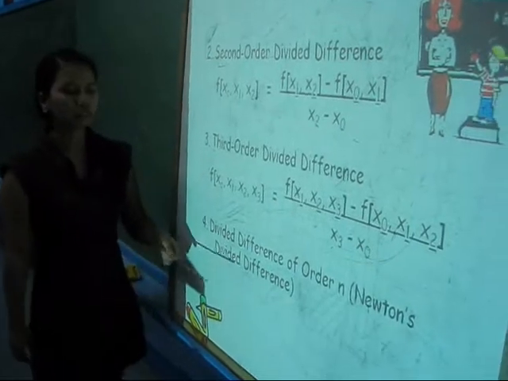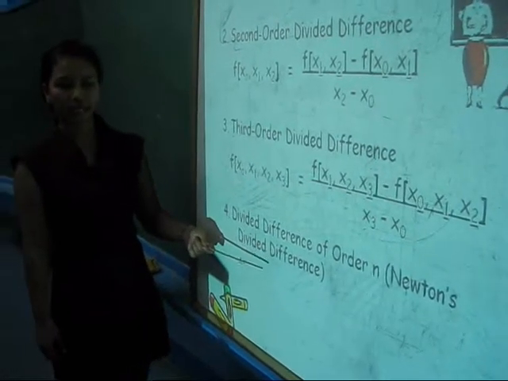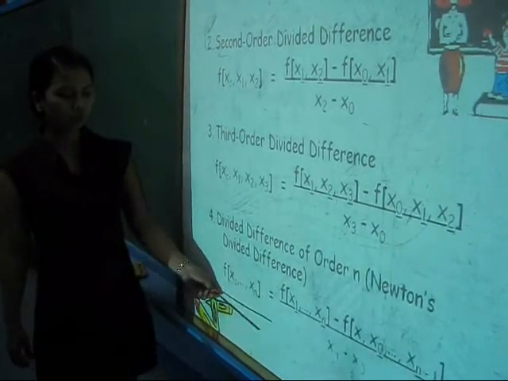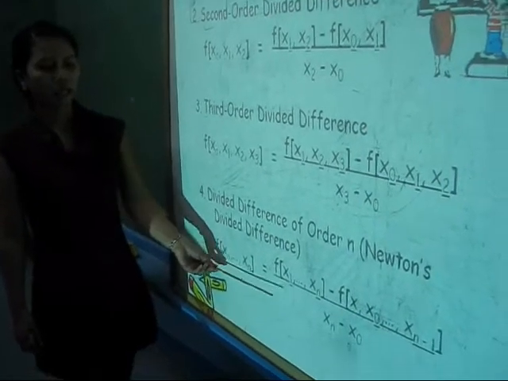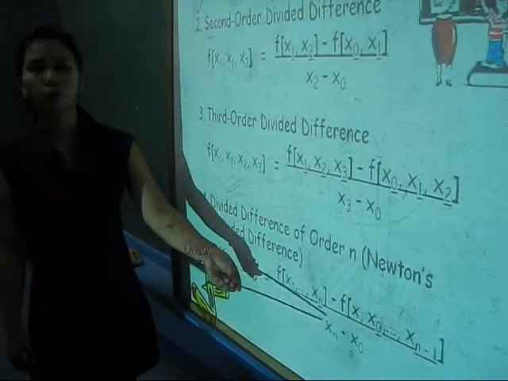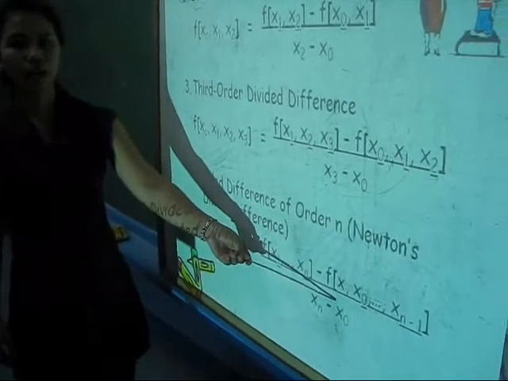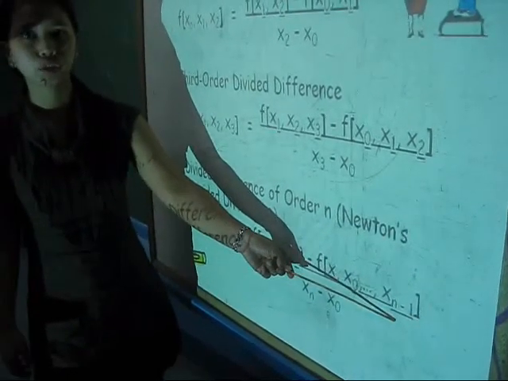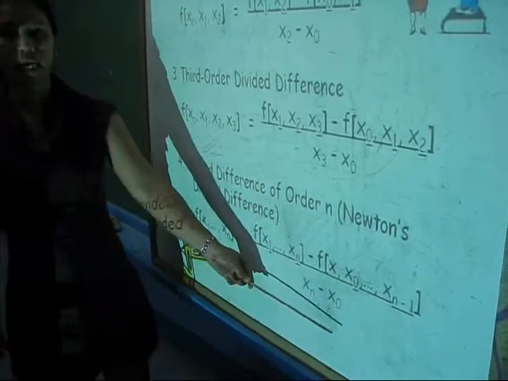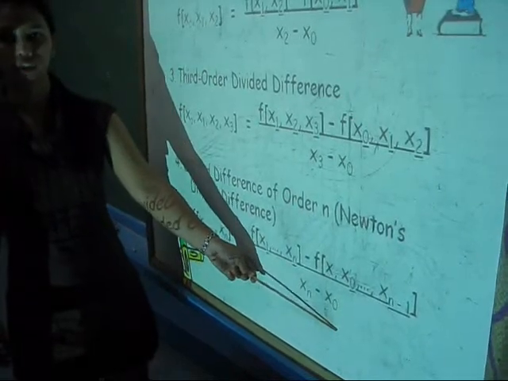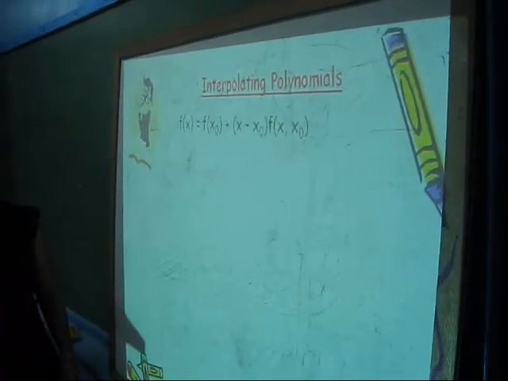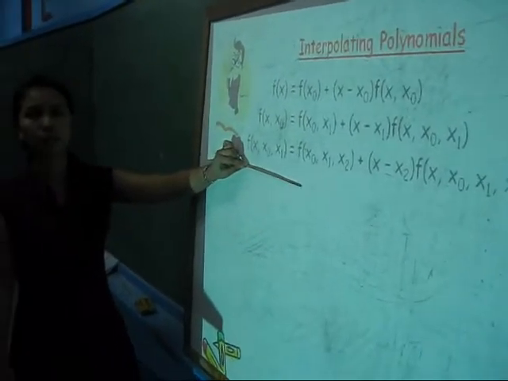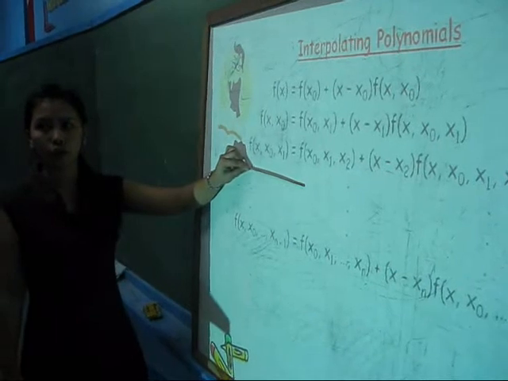And then the divided difference of order n would be equal to f of x of 1 up to x of n minus f of x of 0 up to x of n minus 1, divided by x of n minus x of 0. Interpolating polynomials. These are the different equations for us to be able to interpolate polynomials.